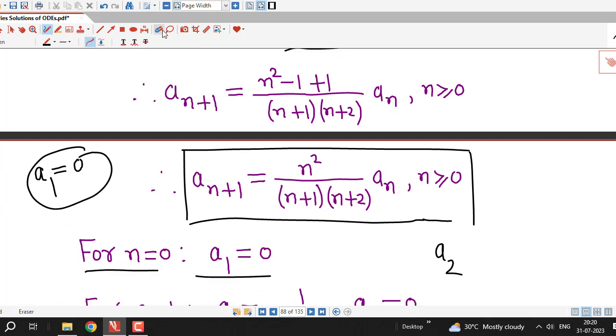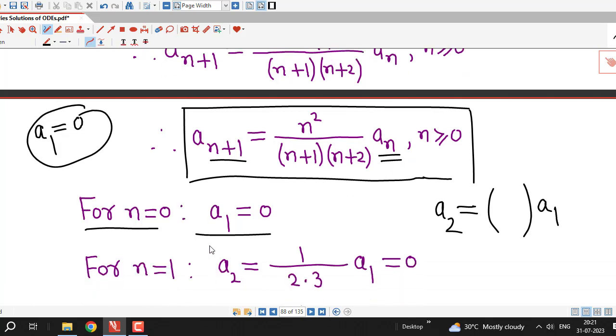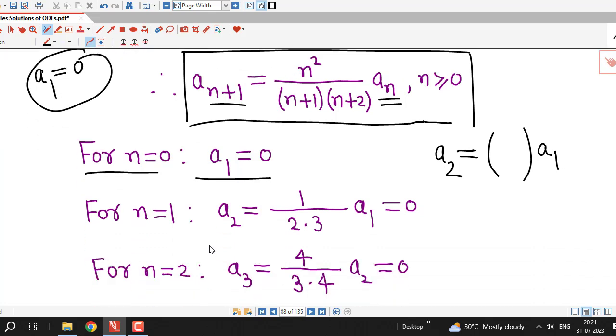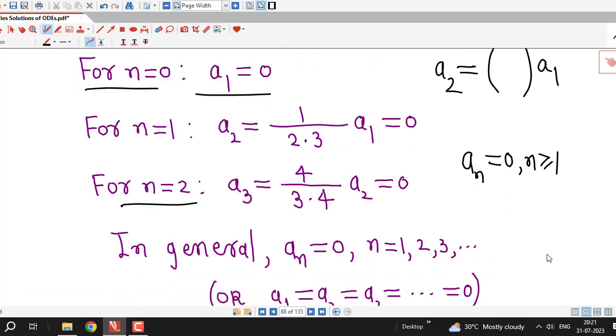If we take n equal to 1, here we have a2 equal to something into a1, but a1 is 0, therefore a2 is also 0. Similarly, for n equal to 2, we have a3 equal to something into a2, but a2 is 0, therefore a3 is 0. So in general, we will get an equal to 0 starting with n greater than or equal to 1.